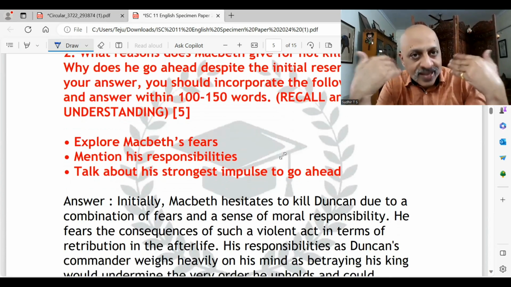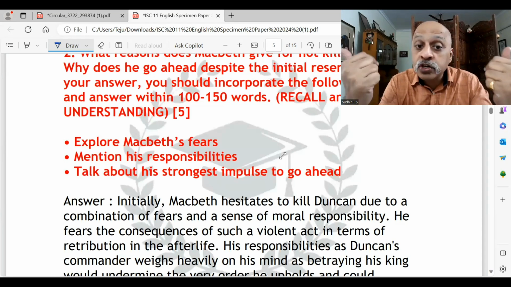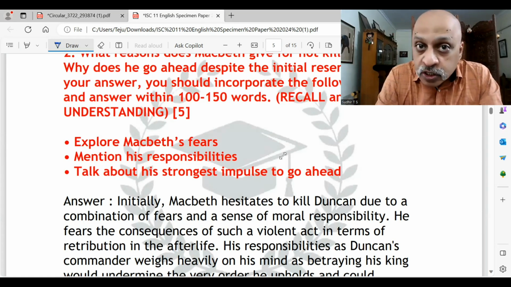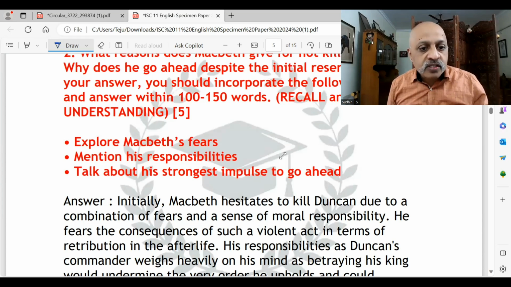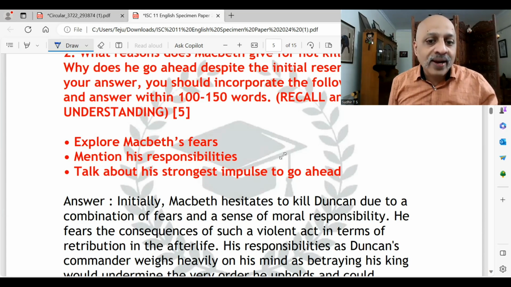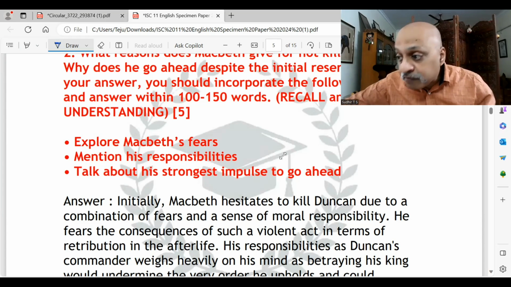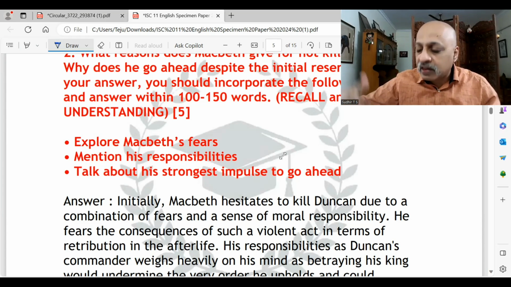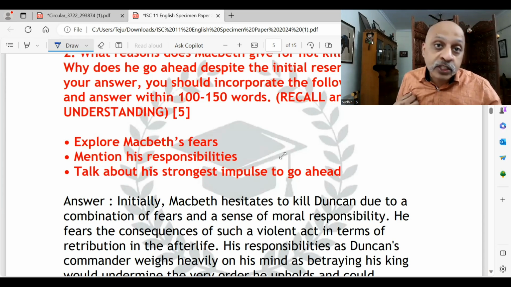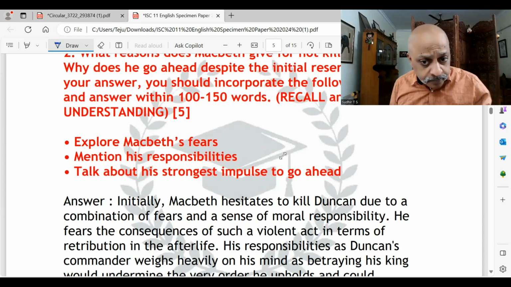So initially, Macbeth hesitates to kill Duncan due to a combination of fears and a sense of moral responsibility. Is this the right thing for me to do? So he fears the consequences of such a violent act in terms of retribution in the afterlife. That is, after I am dead, in the after life, I will be punished for something like this. Okay.